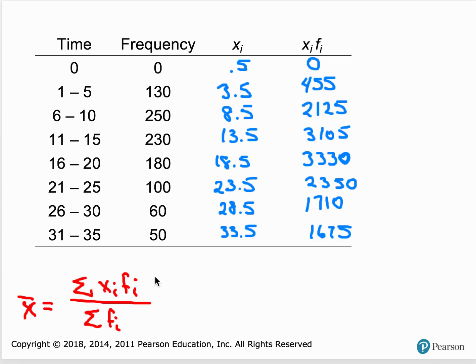Okay, so notice I need the sum of this column, the sum of that column, and the sum of this column. This one I've already got one of the numbers in my calculator.